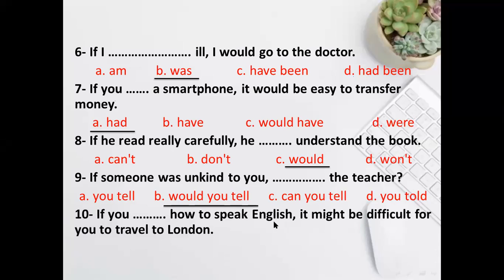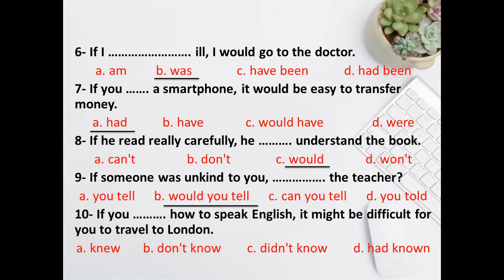Number 10. If you knew how to speak English, it might be difficult for you to travel to London. If you knew, or don't know, or didn't know, or had known. No, the past perfect is not correct. Knew.